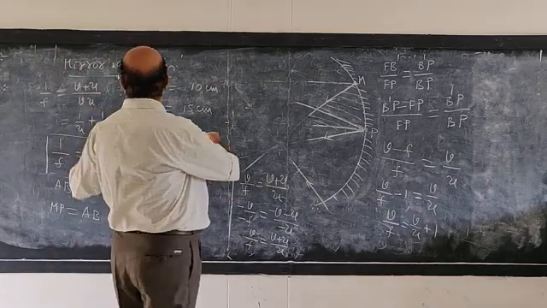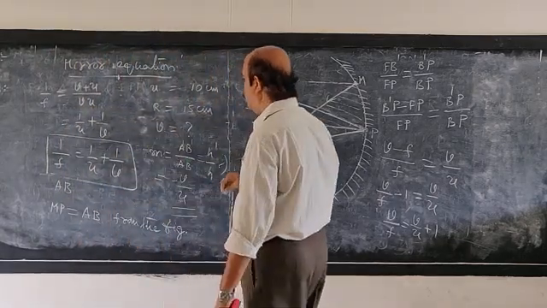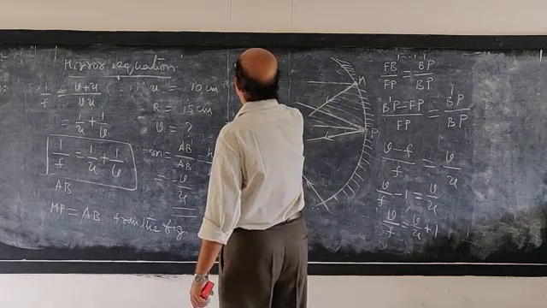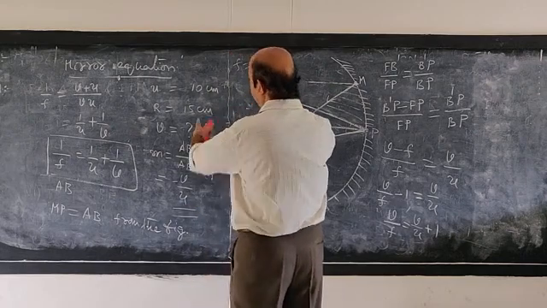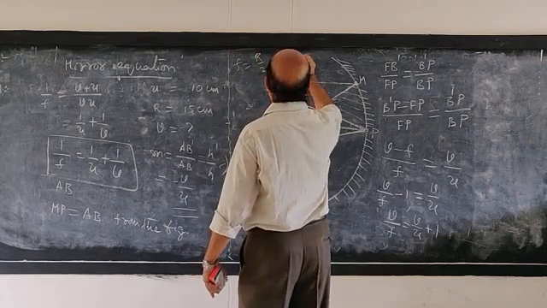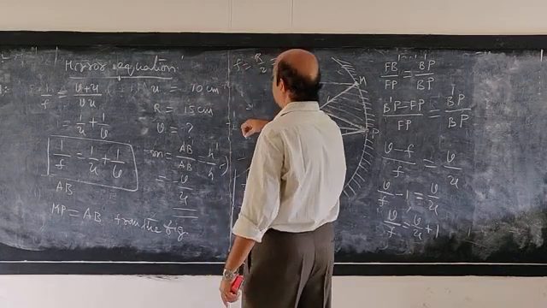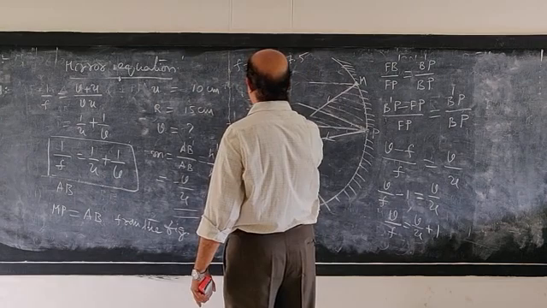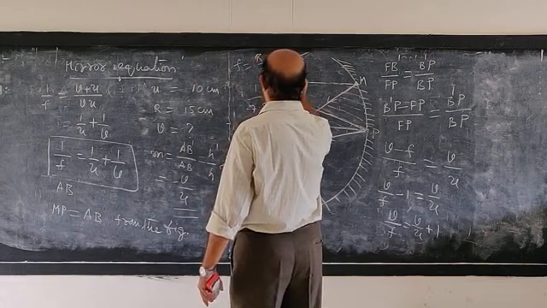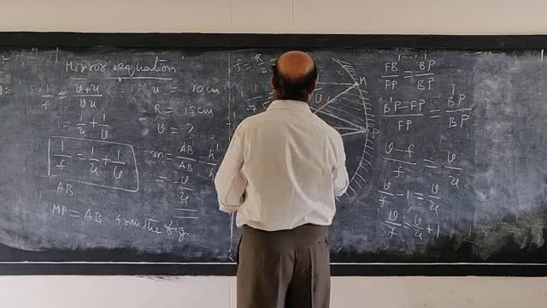Use the formula 1 by f is equal to 1 by u plus 1 by v. f is r by 2, so 15 by 2 is 7.5, and your object distance is already given. Therefore, 1 by 7.5 is equal to 1 by 10 plus 1 by v.